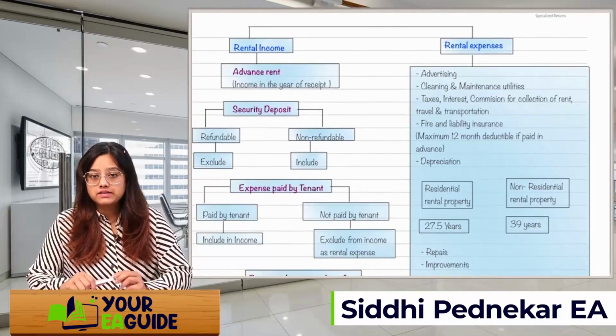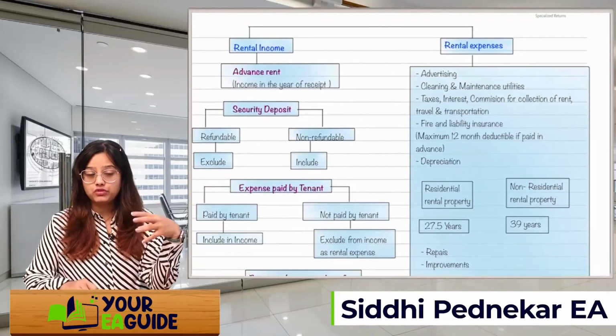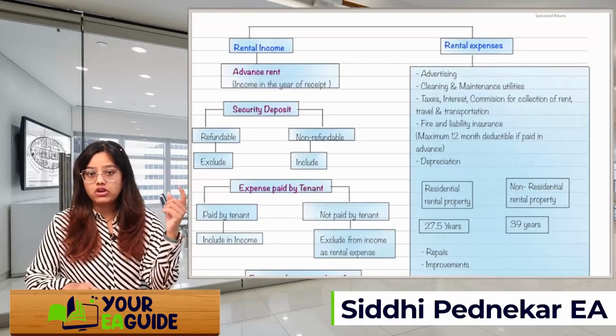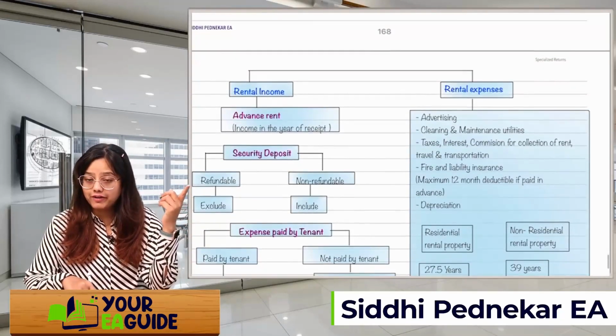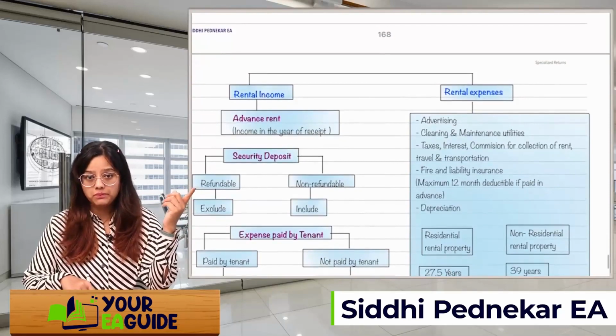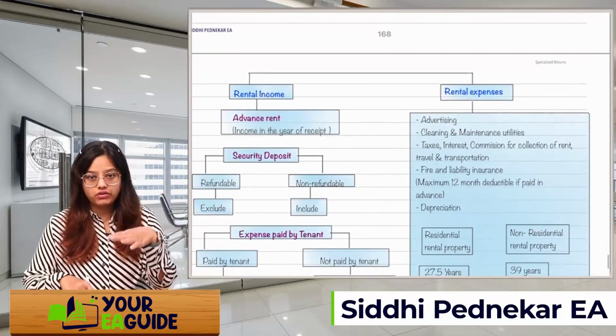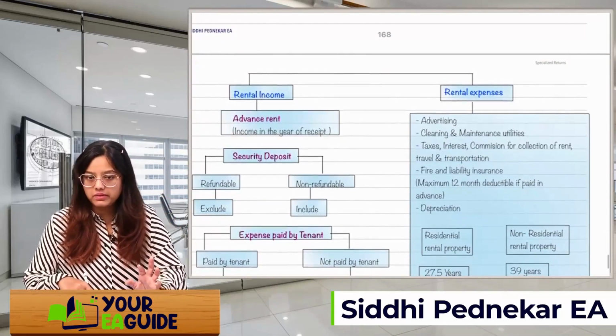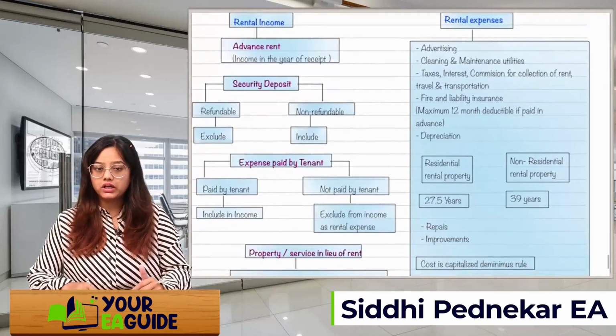First is advance rent. If you receive any advance rent, you will include it in the income. Second is security deposit. If you are receiving a security deposit and it is refundable, then you are going to exclude it. If it's non-refundable, we are going to include it in our income.